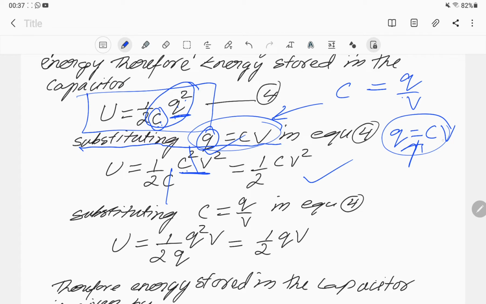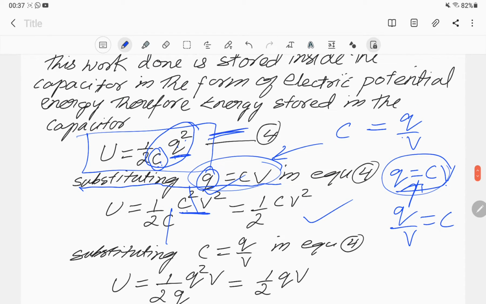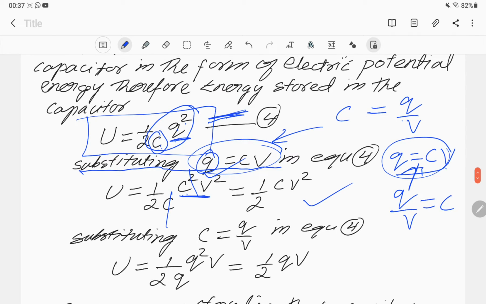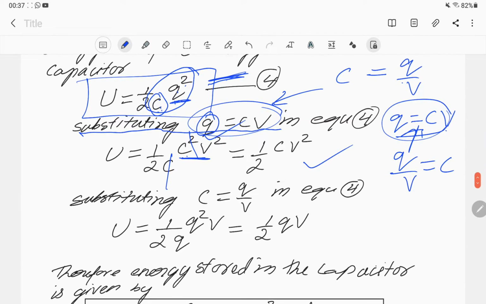Q by V equal to C. If you take this V to the other side, it goes downside, so C equal to Q by V. Now put this C value in the equation 1 by 2 C Q squared.